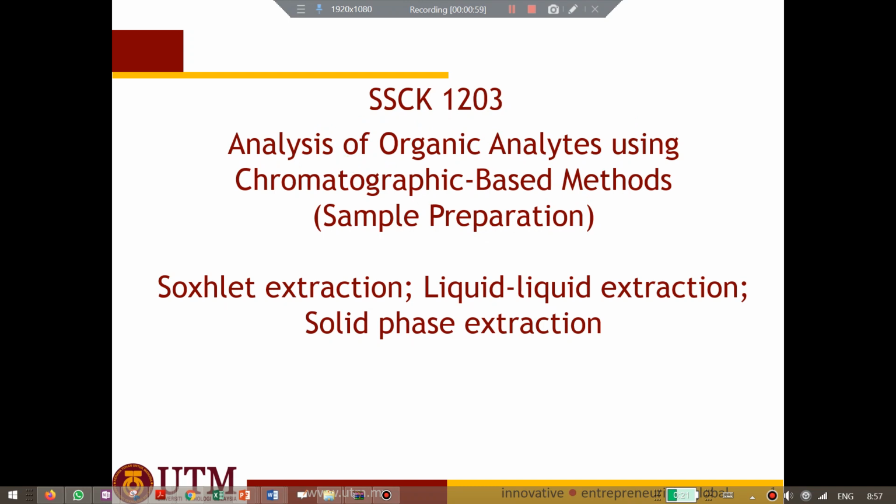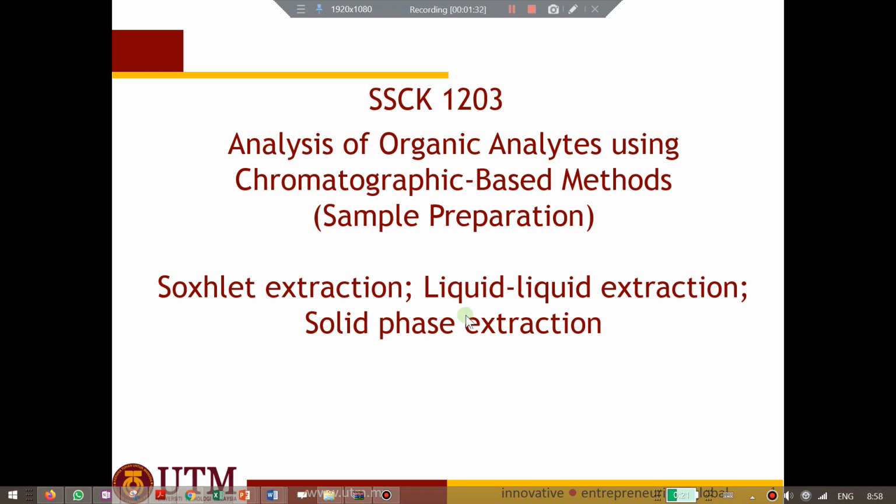Okay, when we talk about organic analytes, the sample preparation is different if we compare to the inorganic analyte. You guys, please don't be confused, because in the earlier topics we already learn about the first topic of the sample preparation, but that topic is only for the inorganic analytes, which is the elements, the ions. But this topic is only focused on the organic analytes.